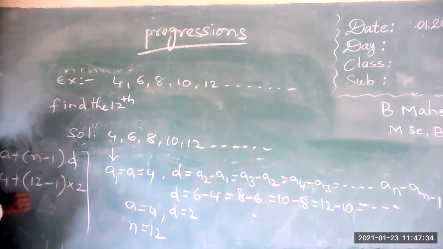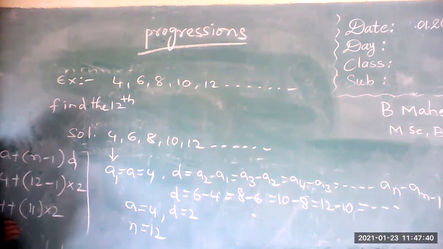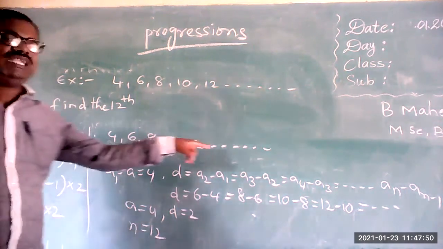So 4 plus (12 minus 1), that is 11, into 2. So 4 plus 22, that is 26. So in the given series, the 12th term is 26.